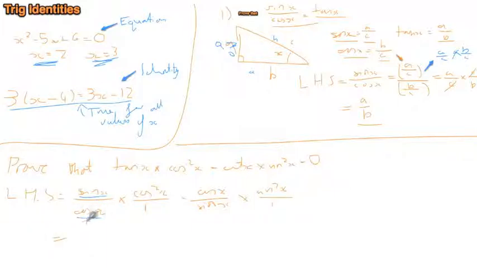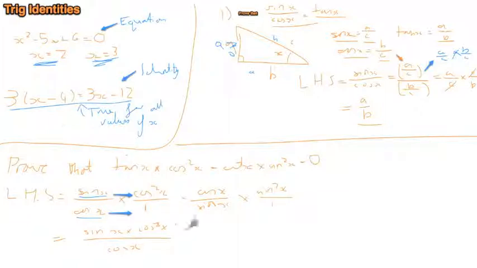So from that, we just cross multiply. So you know how you times a fraction. So you just get sin x times cos squared x over cos x. If you didn't know how I did that, when you're multiplying fractions, times like that.